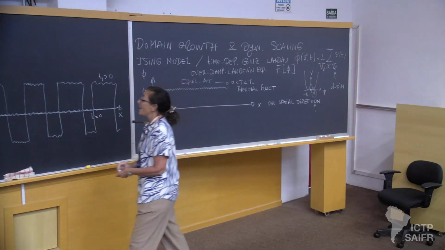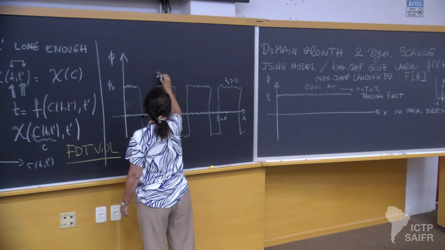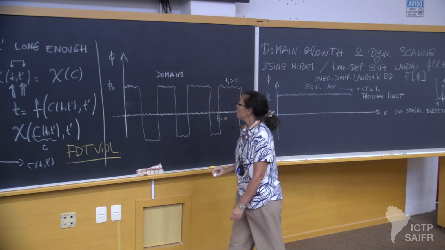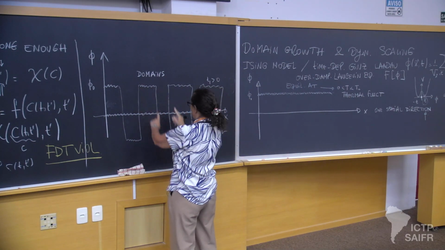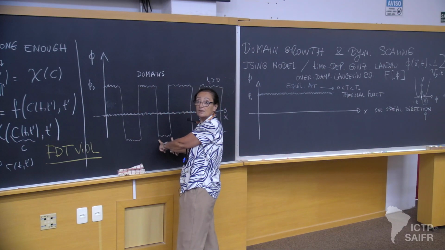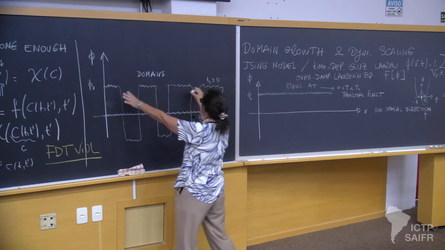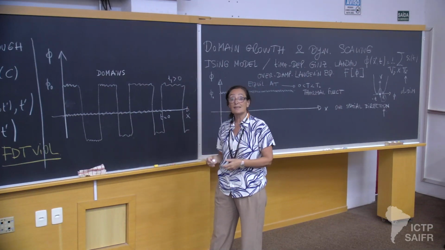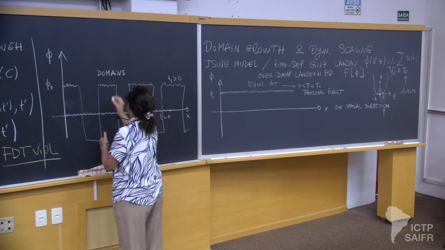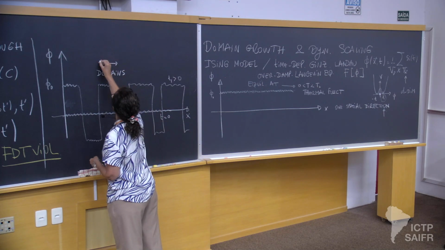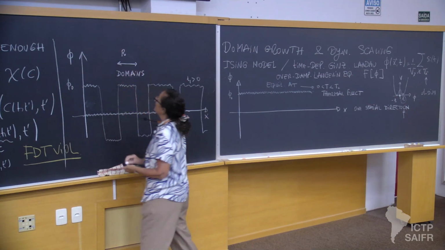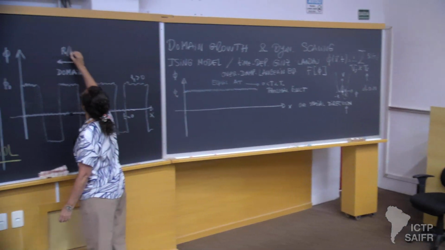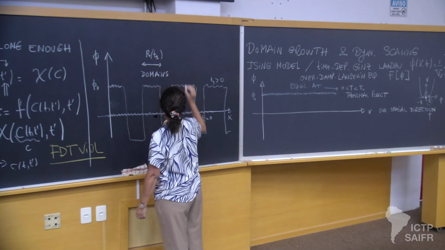So there will be domains. These are called domains: domains of positive magnetization, domains of negative magnetization. They don't all have the same length, but there is an average length that characterizes the size of those domains at the time at which you took this picture.